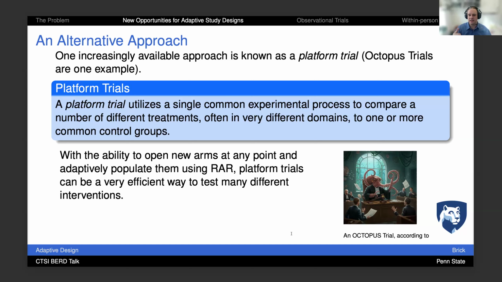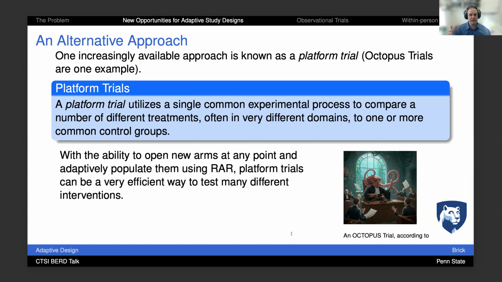So there's a lot of checks that tend to happen to make sure that the control group is representative of the population, and also that the other arms are representative of the population. So that the control group really serves as a population control and imitates the population as much as possible.